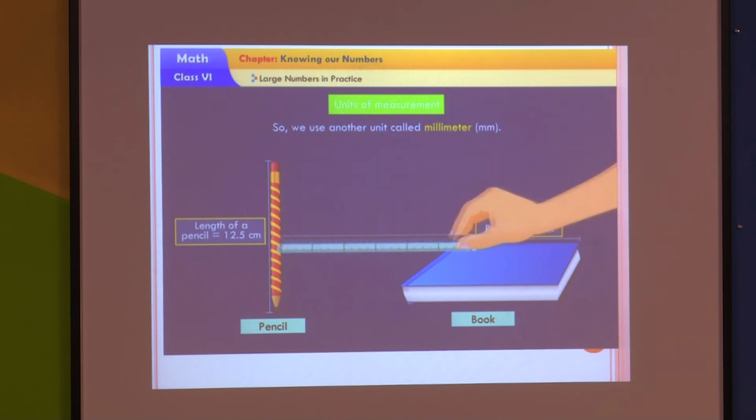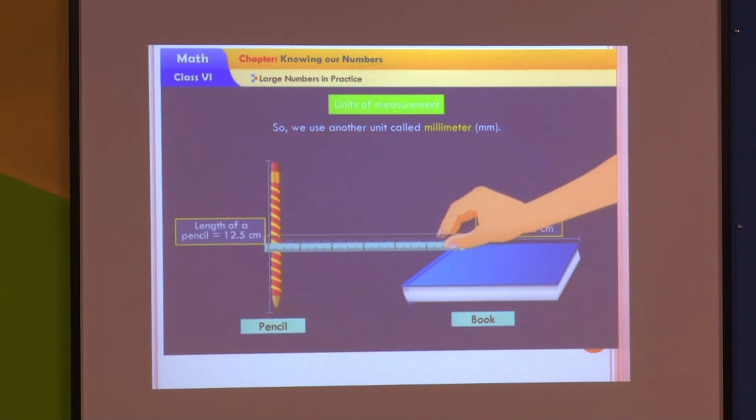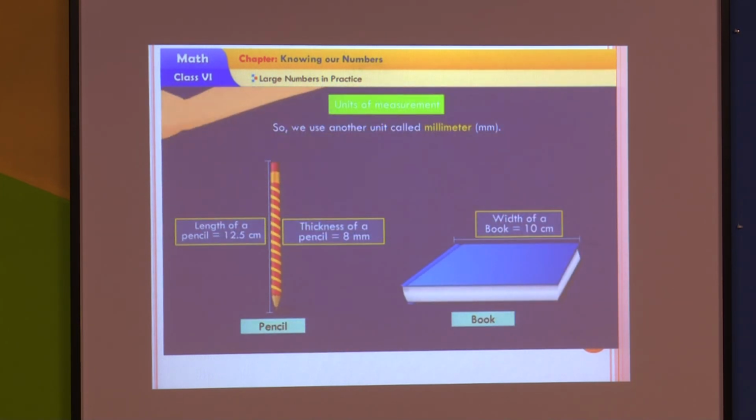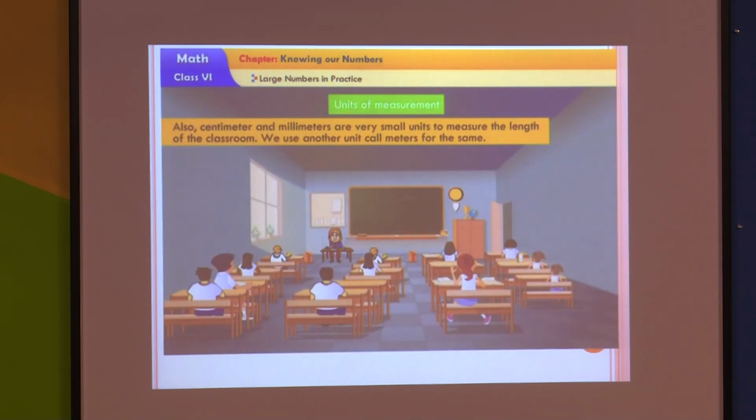So we use another unit called millimeter, mm. Also, centimeter and millimeters are very small units to measure the length of the classroom. We use another unit called meters for the same.